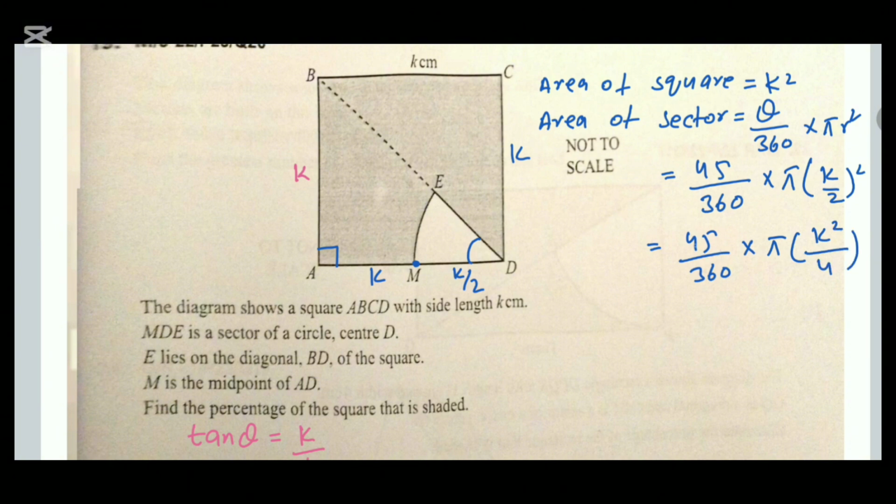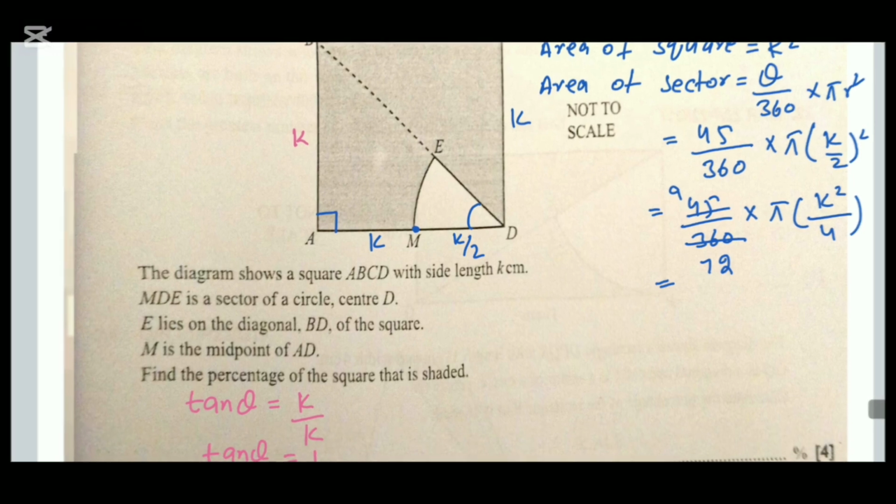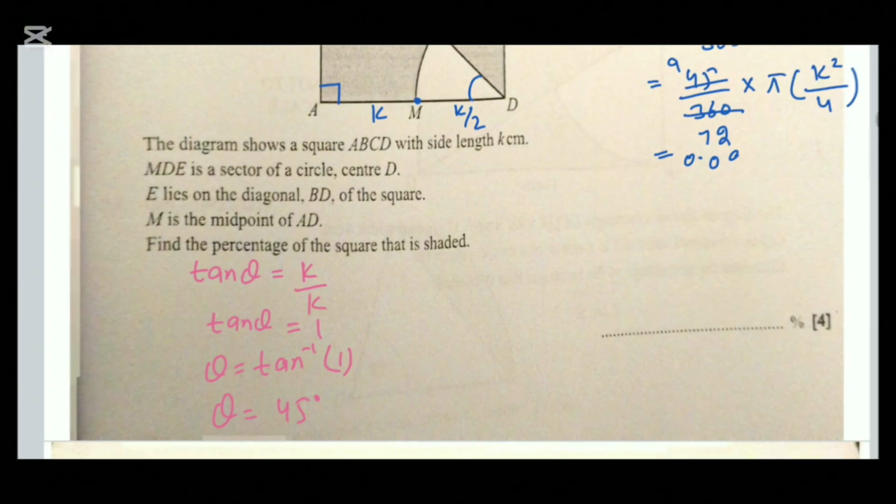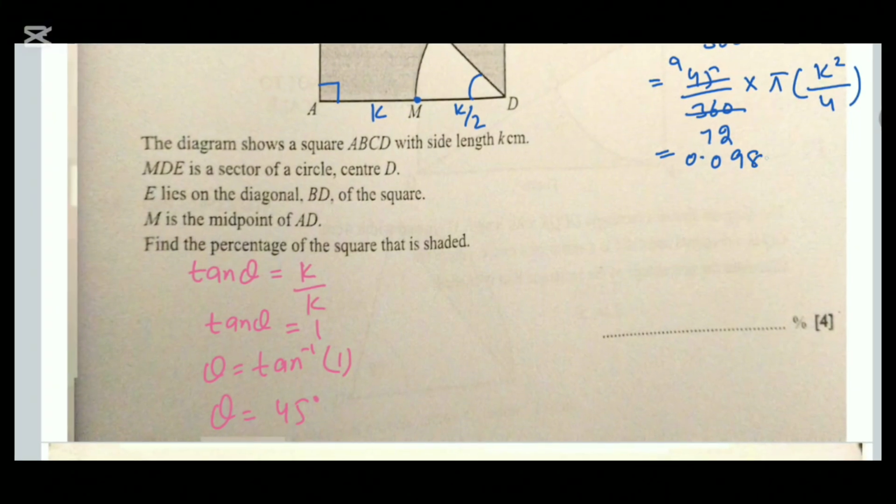So you can also simplify it. 5 9s are 45, 5 7s are 35, 5 2s are 10. So 9 by 72. k square will remain as it is.